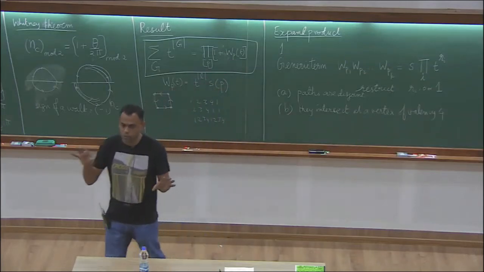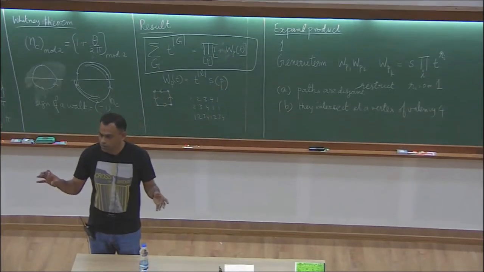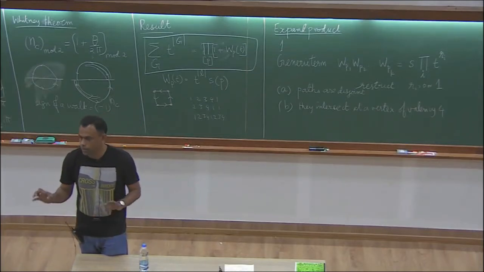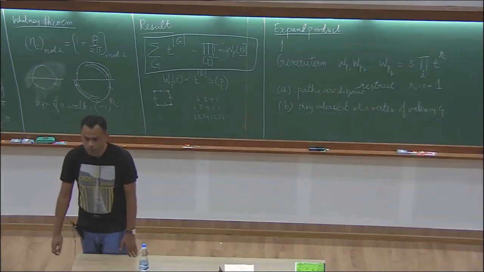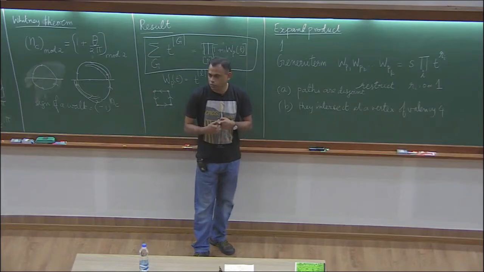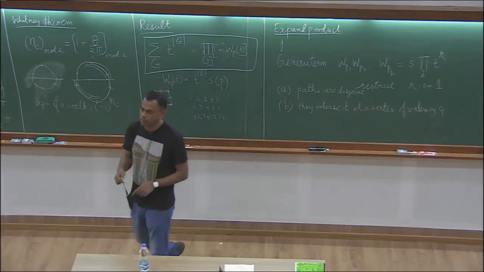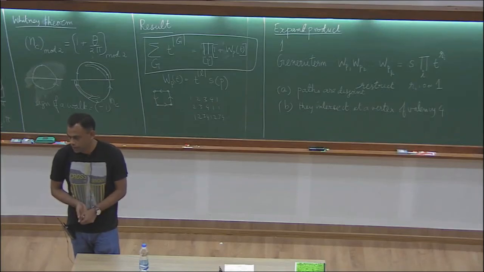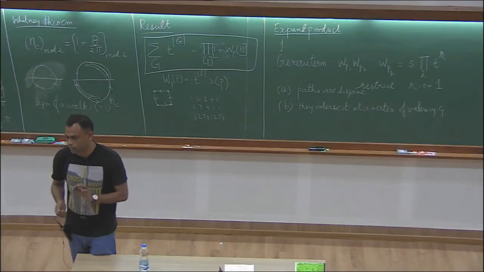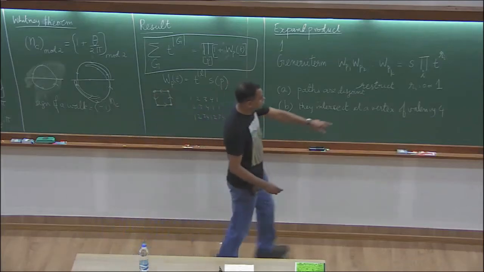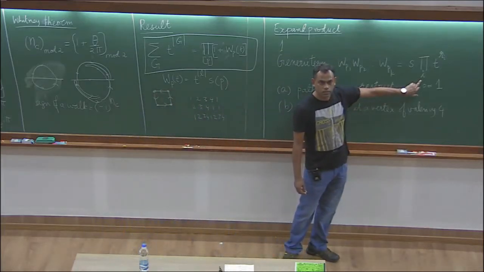One possibility is that the paths are disjoint, in which case they anyway go only once, provided they don't overlap themselves. And the other possibility is that they intersect, but when they intersect, it's a vertex of valency 4, not valency 3. At a vertex of valency 3, they would intersect twice, and one bond would be traversed 2 times. No, valency 3, sorry. This is over all the bonds.